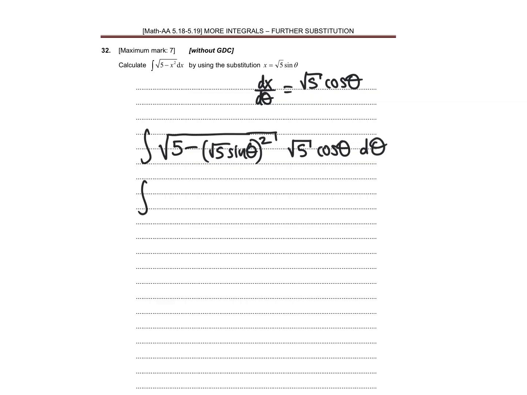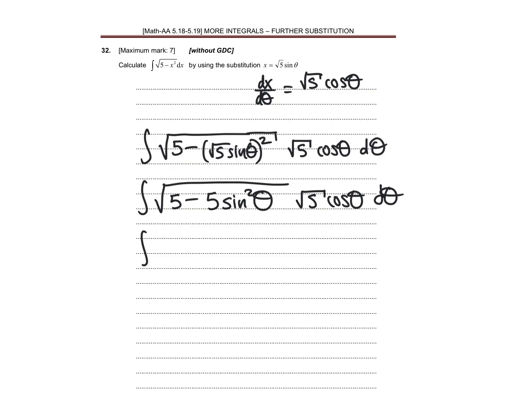Sometimes you don't know where you're going with this, but okay, so this is going to be 5 minus root 5 squared is 5 sine squared theta, and then this is root 5 cosine theta, and then we can factor out the 5, and this is 1 minus sine squared theta.